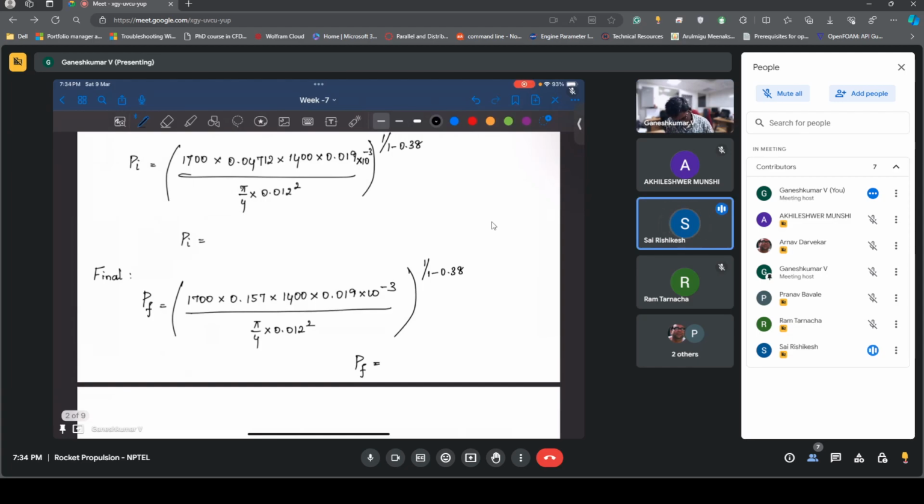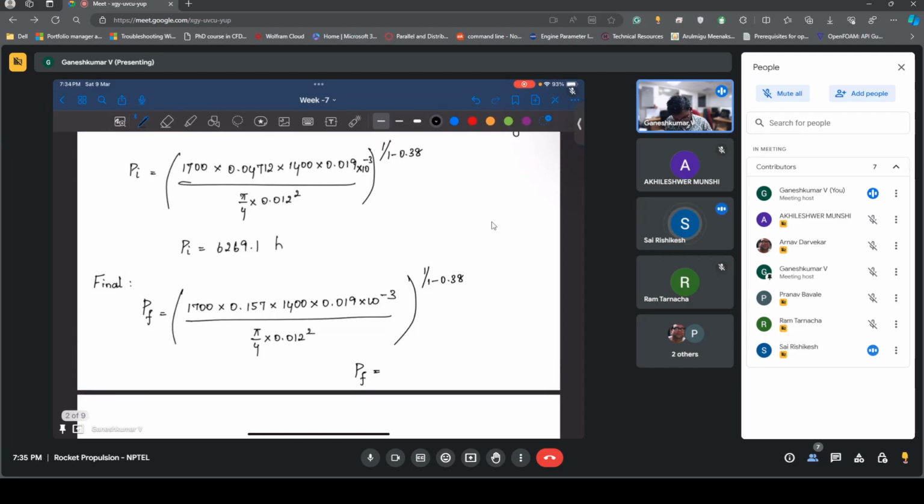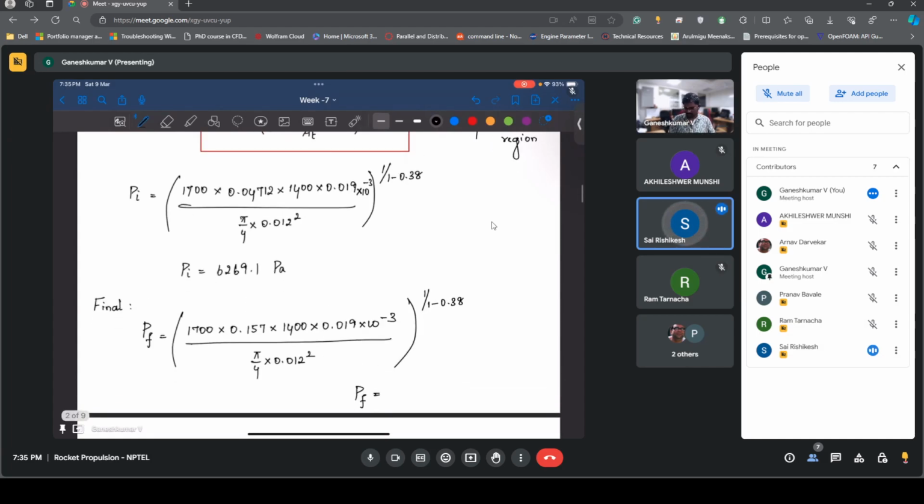Is it 6269.1? P initial? 6269.1. Are you sure it's in bar or pascals? It should be Pascals, right? We've taken everything in standard units.